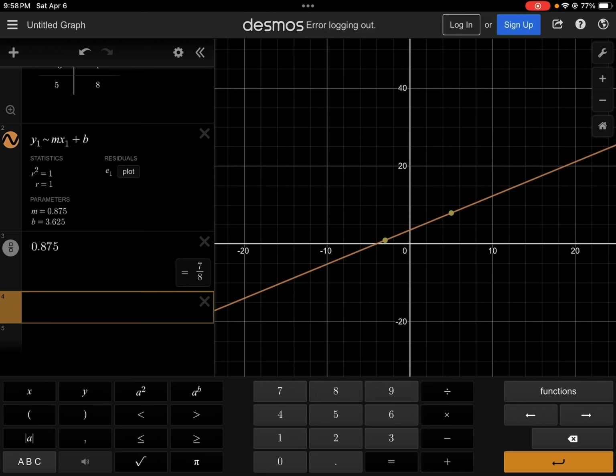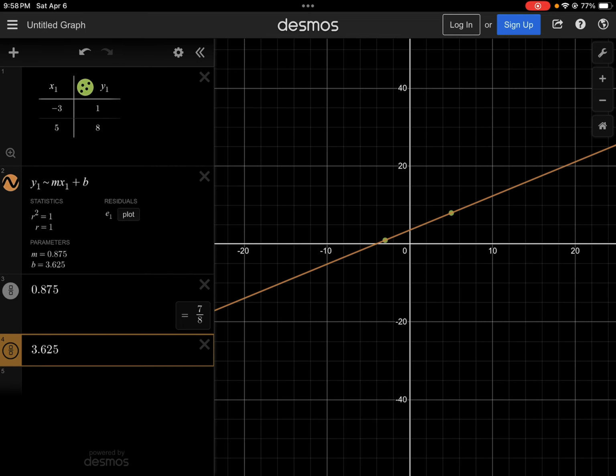Okay, let's do the b, because maybe in a different question they will ask me for the b, meaning the y-intercept. How do I do it? All right, the same thing. Let's type 3.625, and let's convert it to a fraction, and that's going to be 29/8.